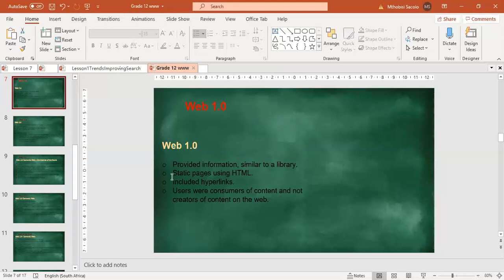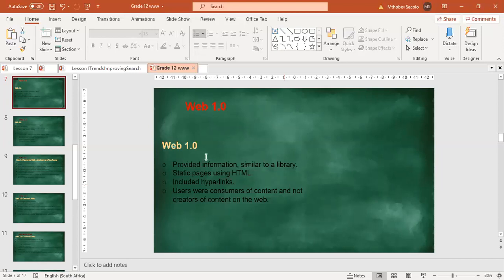And in order for us to be able to access the website, we are going to need the internet. And what is the internet?